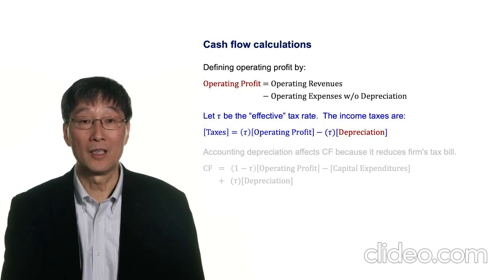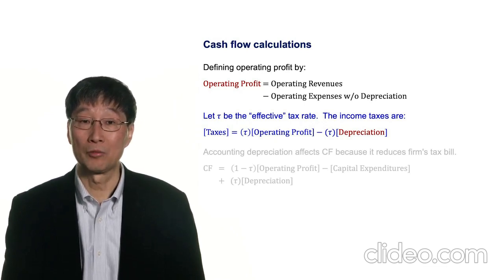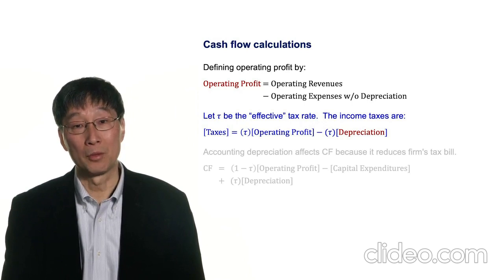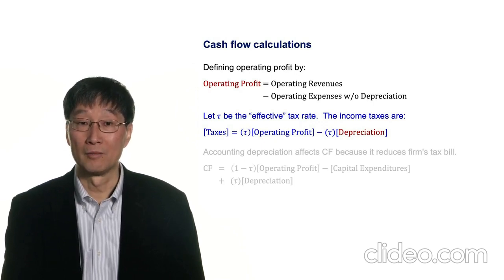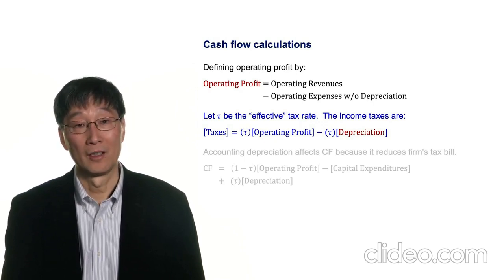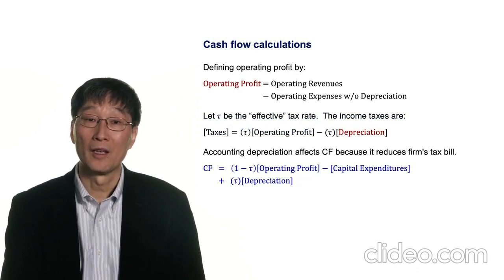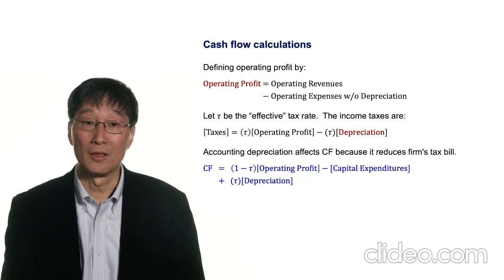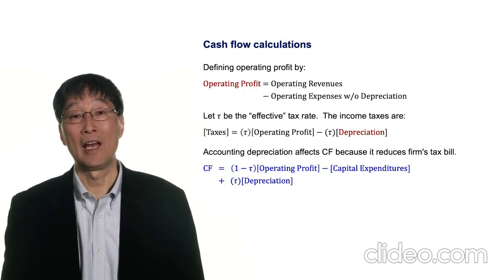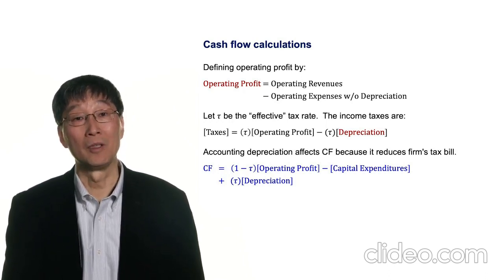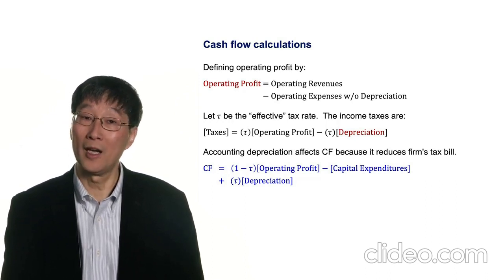Then the project's income tax will be the tax rate tau times the operating profit, then minus the tax rate times the depreciation. This second term comes from the tax credit the firm can claim from its capital investments. Here we note that accounting depreciation itself is not a cash flow, but it does affect the project's after-tax cash flow because it can be used to reduce the firm's tax bill.